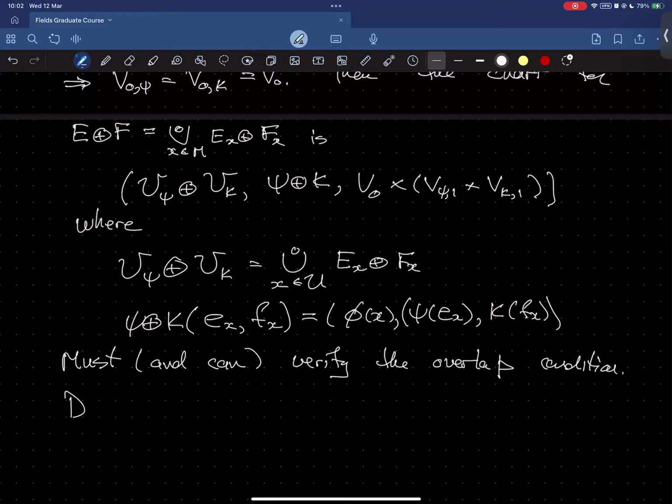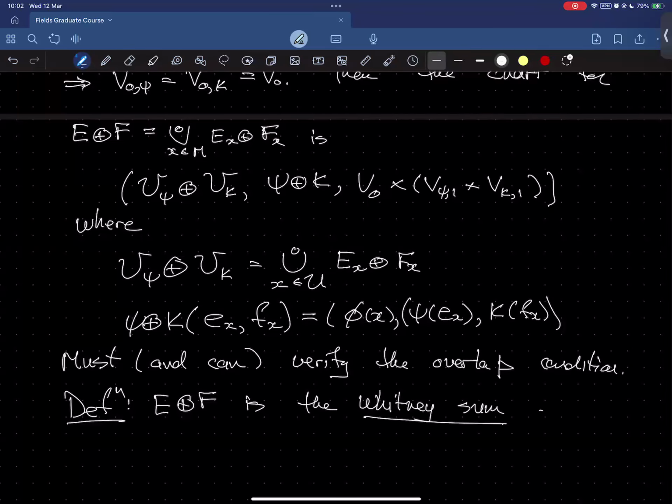Okay. So, definition: this thing we just constructed is what's called the Whitney sum. It's named after the famous geometer Hassler Whitney from the 30s and 40s, and well, 50s too.